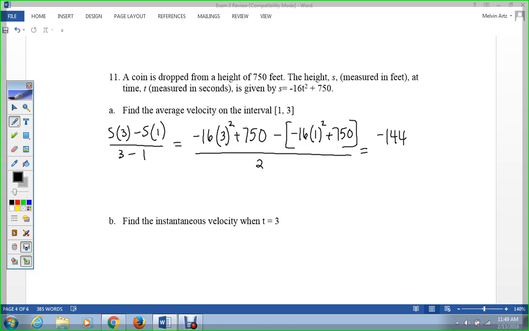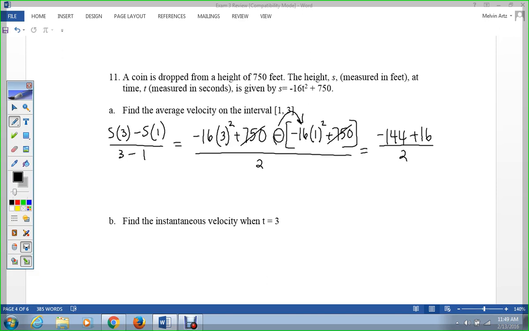So we'd have -144. Now, do you notice that this 750, when we distribute the negative sign here, is going to cancel with that -750. So here, when I multiply this negative, it becomes +16, so plus 16, divided by 2.